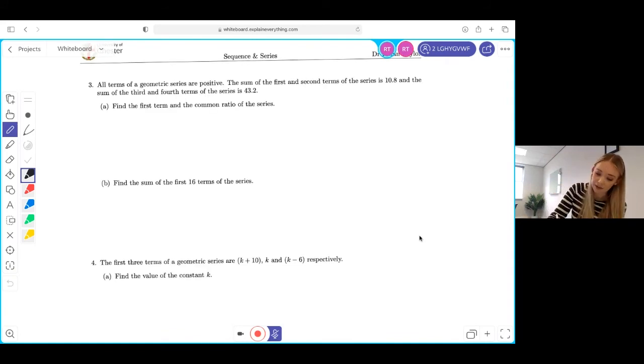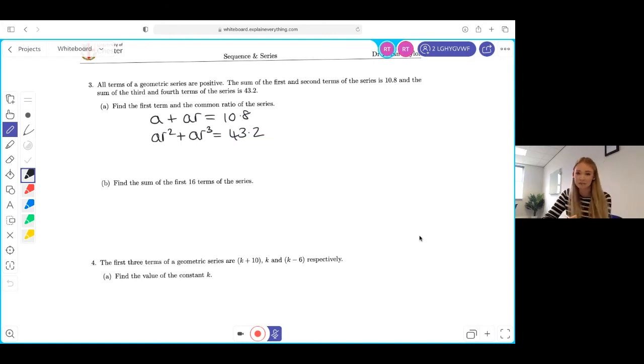So my first term and my second term sum up to 10.8. Next, the sum of the third and fourth terms of the series is 43.2. So the third term would be AR squared and the fourth term AR cubed, and they add up to 43.2.